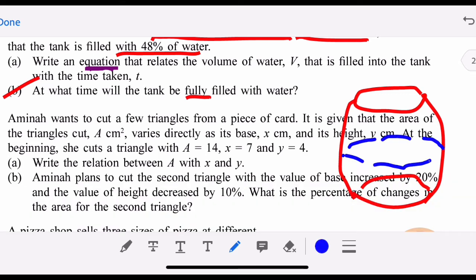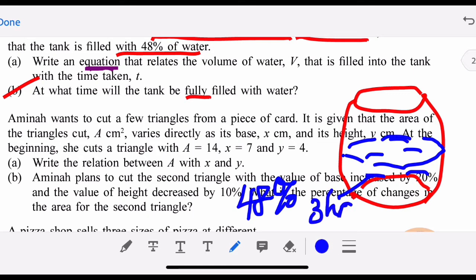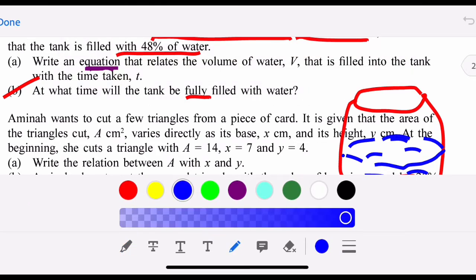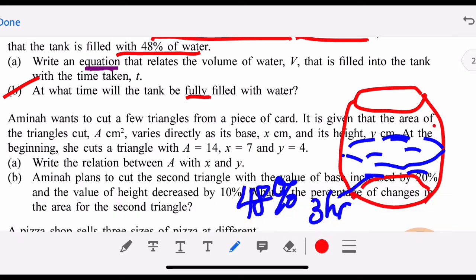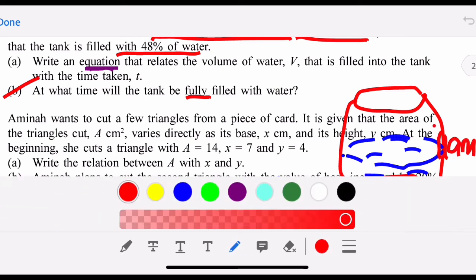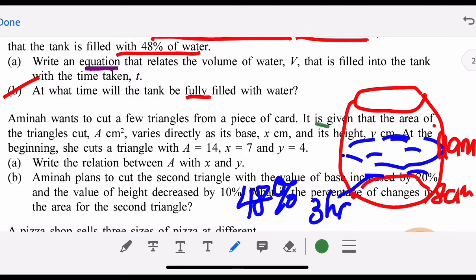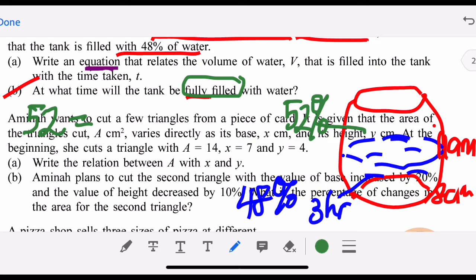We actually take 3 hours to fill 48% of the water, from 8 a.m. to 11 a.m. Now we still have the remaining 52%, because 100% means fully filled with water. So we need to find the time taken to fill up another 52%, right?